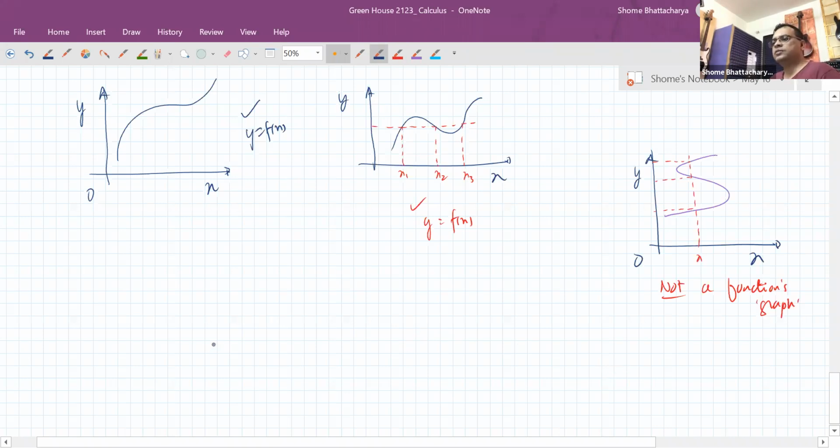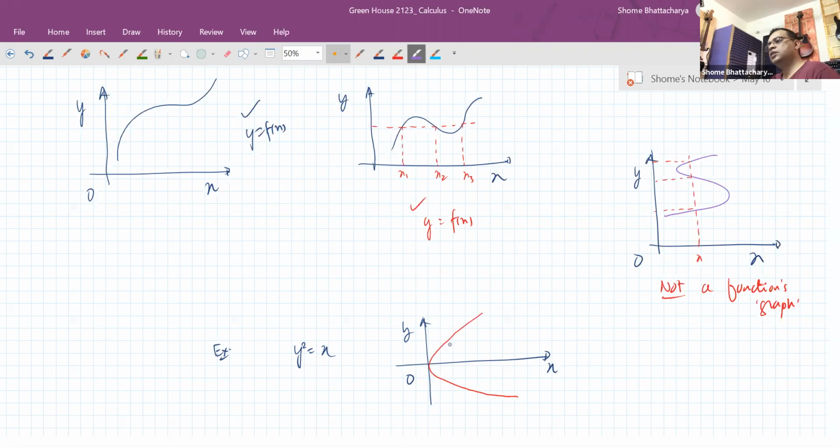So for example, when you have the graph of y square is equal to x, like we were discussing earlier, that graph is like this. So each value of x gives you 2 values of y other than 0, which gives a single value.